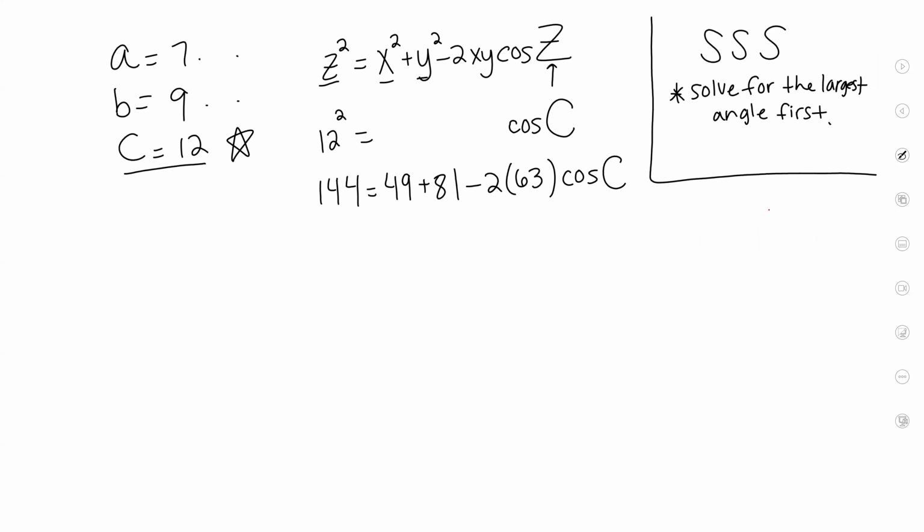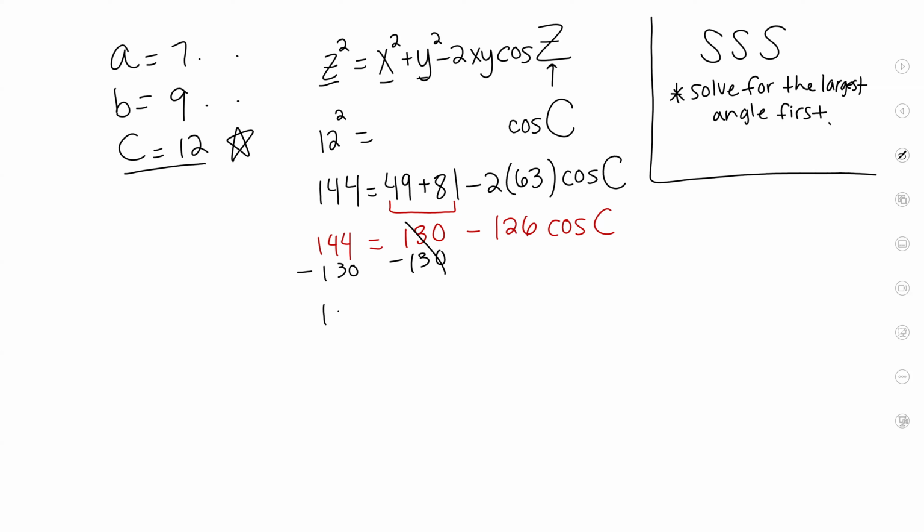Okay, so I'm going to go ahead and do some algebra. What is 49 plus 81? 130. 2 times 63 is 126. Cosine of C equals 144. Okay, so now guys, I'm going to go ahead and subtract 130 from both sides.